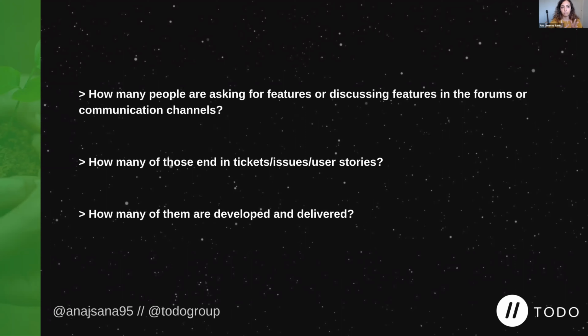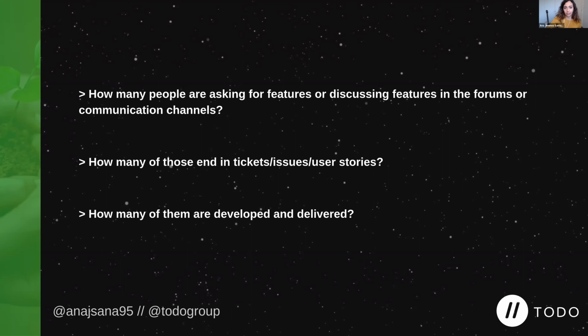If someone is asking for a feature in this forum, we can measure the time it takes from that person asking until someone in GitHub opens an issue. That gives us the time from when the idea is created to when it's actually documented in an issue, and then from there we can also measure the time from when the work starts until it's done. So we can have the full process from idea to final product.